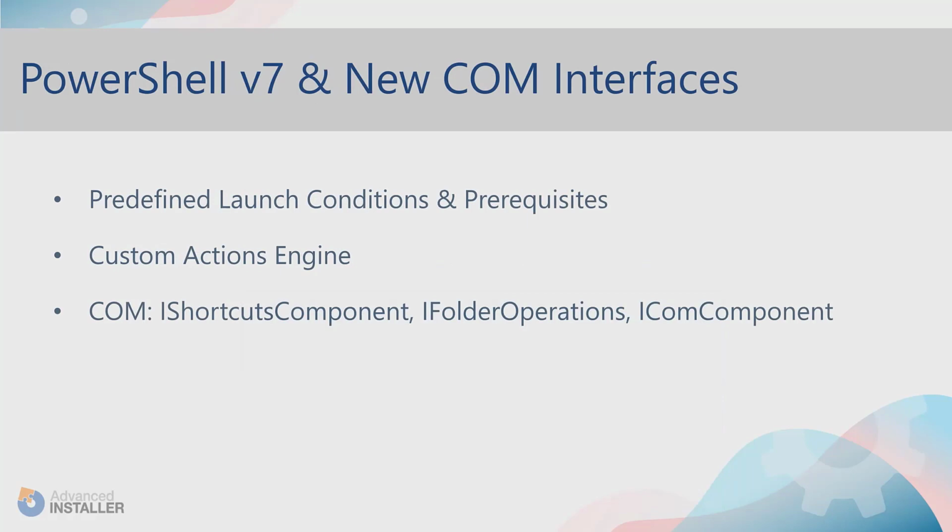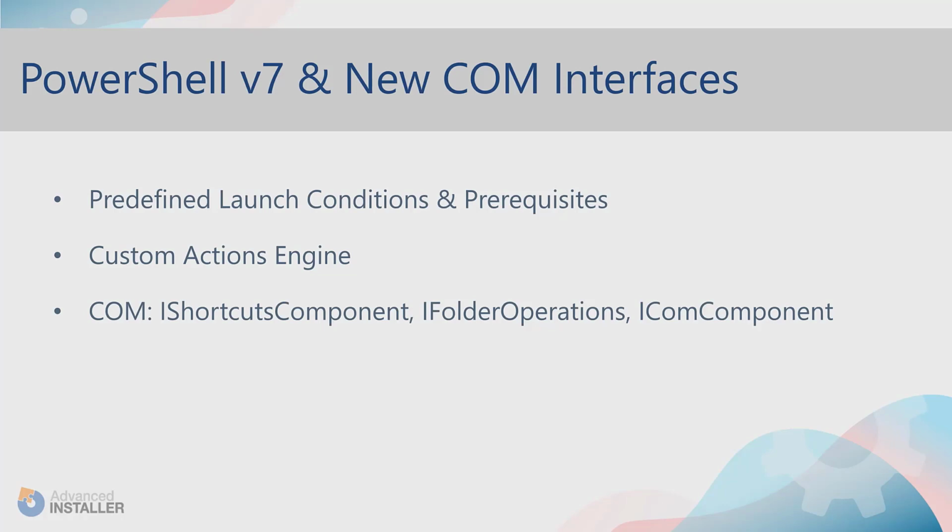This next slide, I think, is more interesting for our IT pros, but it depends. And if you didn't hear it yet, PowerShell version 7 was released a few months ago by Microsoft, and we already support that, starting with the basic support for launch conditions and prerequisites, and finishing with our biggest feature, the native support to run PowerShell scripts directly from an MSI.